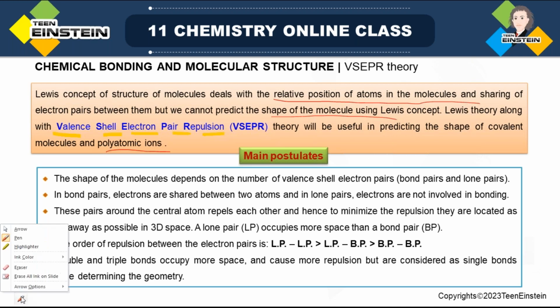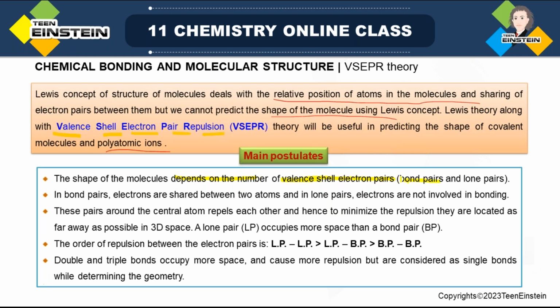So what are the main postulates? The shape of the molecule depends on the number of valence shell electron pairs. So that is why the theory is called VSEPR. What is a valence shell electron pair? Valence shell means where the valence electrons are present if you consider any particular atom in a molecule. Now the electron pairs that are present in the valence shell can be used in bond formation, or they may not be used in bond formation.